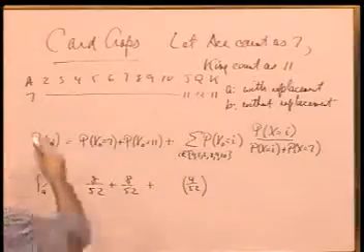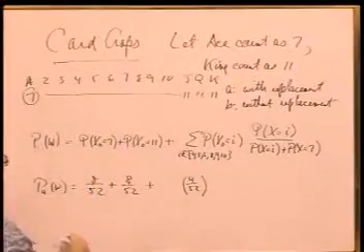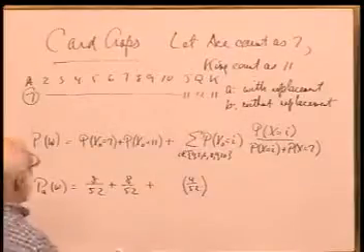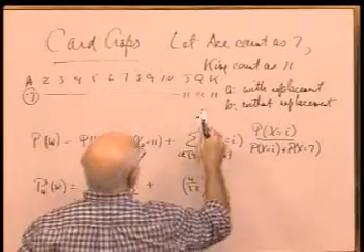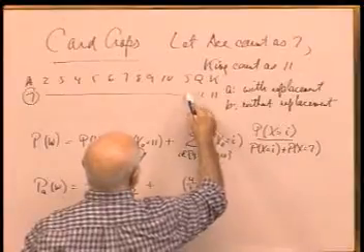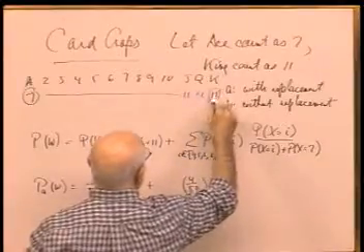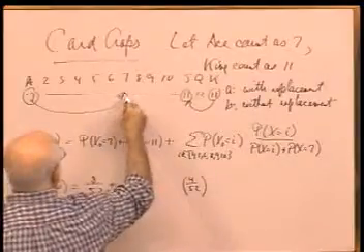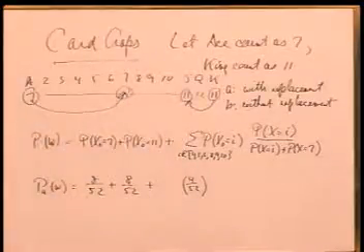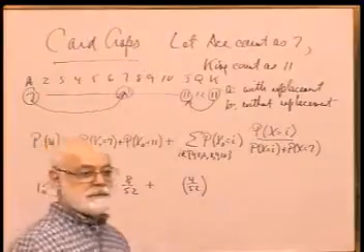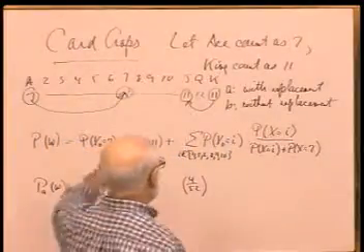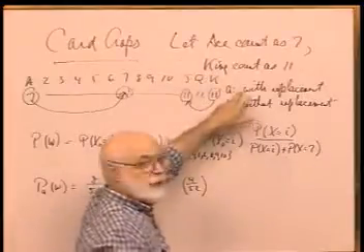So therefore, there are 8 7s, and there are 8 11s. So this guy is just like that, and this guy is just like that. Okay? And then we draw one card at a time. I'm going to draw one card at a time, and first I'm doing it with replacement.